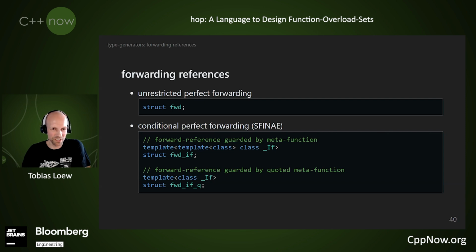We have the forward if in the metaprogramming style, where you have a class template if, which will be called with the current arguments, and has to have some internal function fn, which will then be evaluated. And if it returns true, the condition is met. And we also have a quoted meta function. And if you want to learn what quoted meta functions are, then you should go to the MP11 documentation.